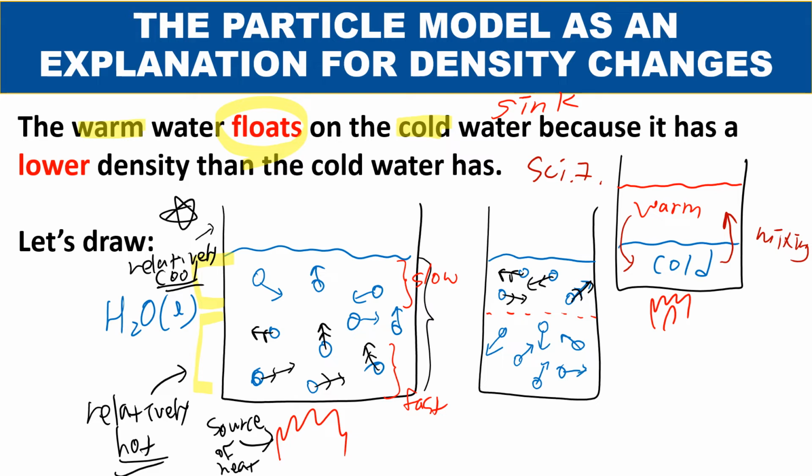As soon as that happens, now we have a little bit of a conclusion. First of all, this is slower molecules. Top part, faster molecules. And if you notice how many there are, the slower ones cannot escape as much.